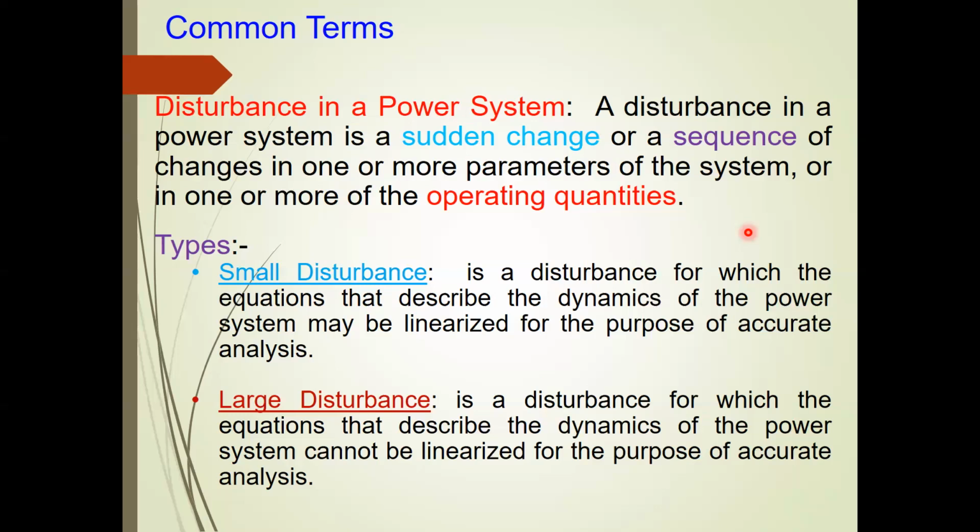Since they have sufficient generation available and the generators remain connected to the network, if you have more generation capability in the system but the demand is less, then the system is not stressed.